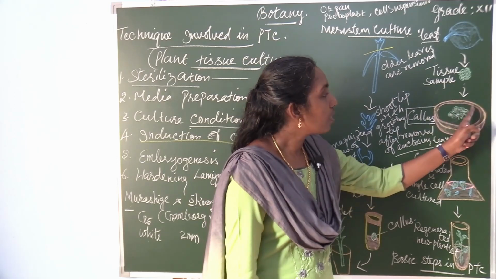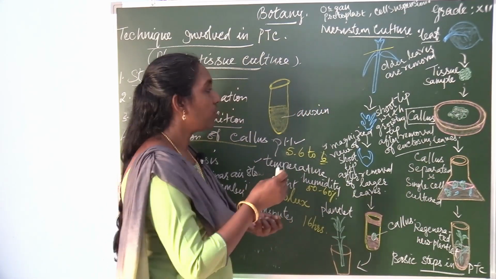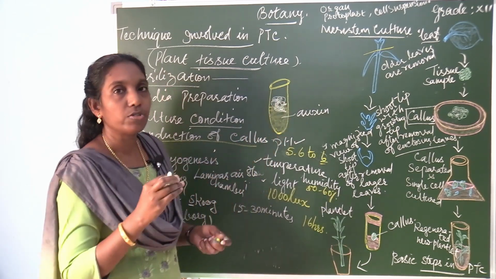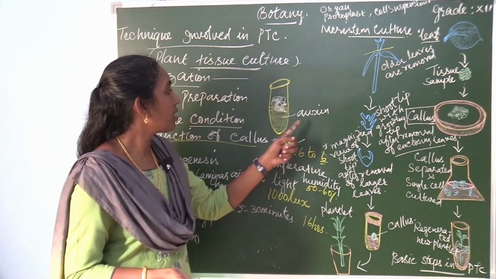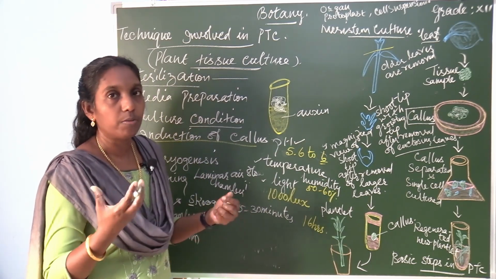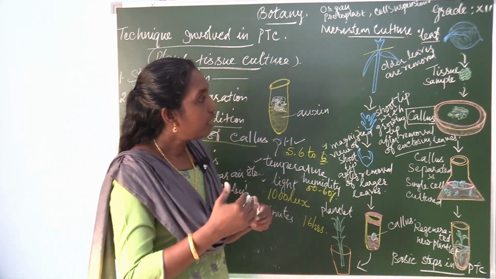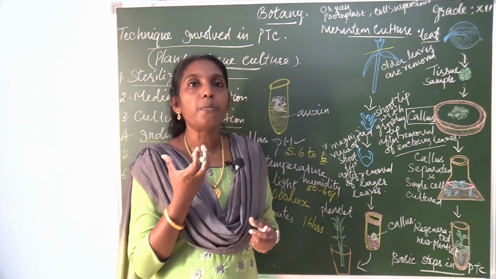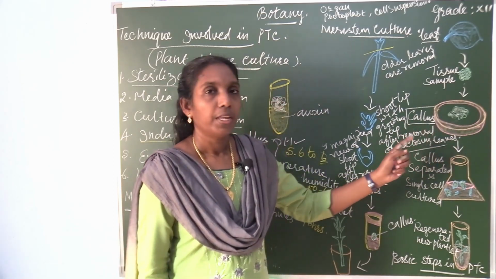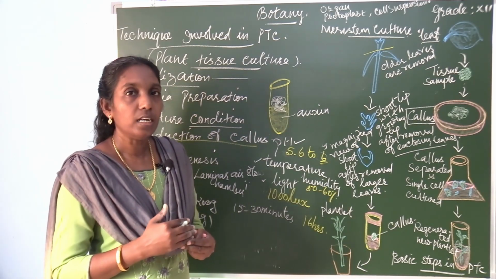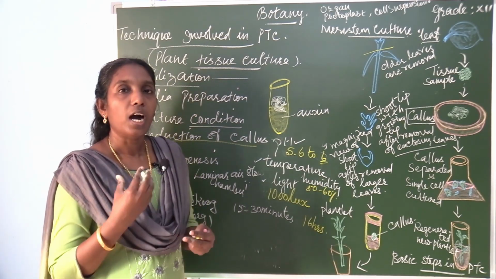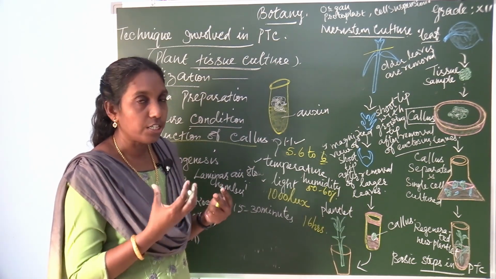In this, an undifferentiated mass of cells starts to develop inside the nutrient medium. It divides repeatedly because the medium also contains auxin, so it promotes division and growth. So the cells divide and produce a mass of tissue called callus. So callus is an undifferentiated mass of unorganized tissue.